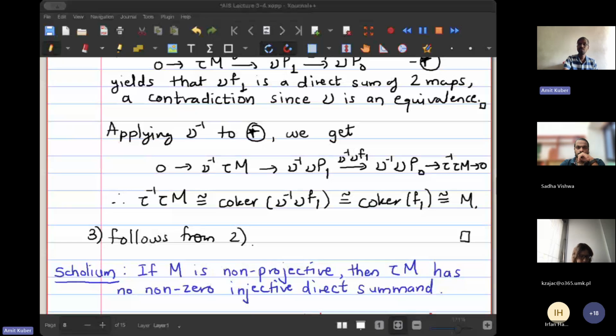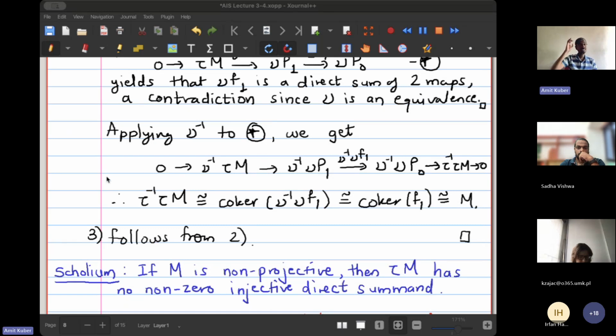If it had a non-zero injective direct summand, then that injective will have identity into itself, and then the corresponding map would be that injective to 0. That will be a direct sum. So it contradicts minimality.